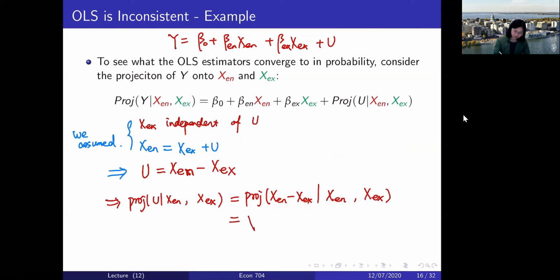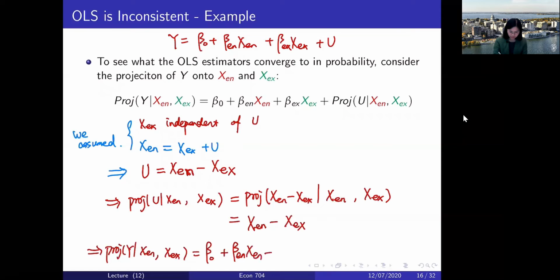Right? So it equals itself, equals XEN minus XEX. So what we have is the projection of Y on XEN, XEX equals beta 0 plus beta EN XEN plus beta EX XEX plus XEN minus XEX.